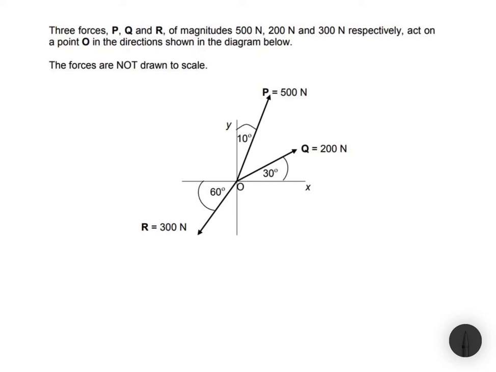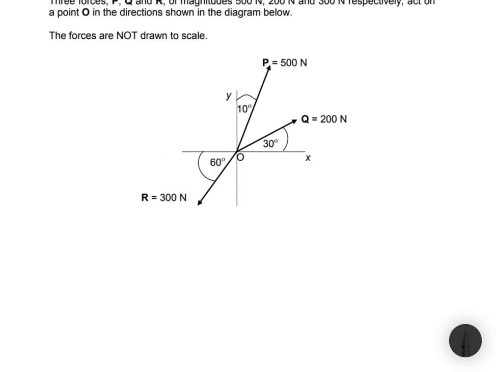We're not going to be doing any measurements whatsoever. The question here is to find the resultant force acting at that point. So we're going to still stick to the basics. We're going to find the resultant along the x, the resultant along the y, and then find the resultant itself. So let's go ahead and find the resultant along the x.